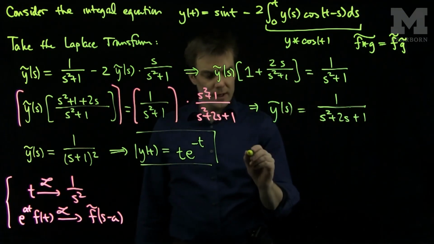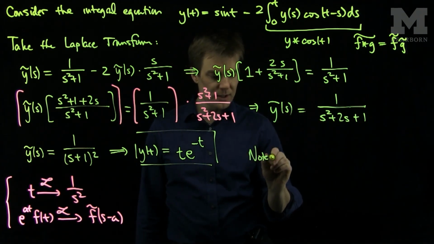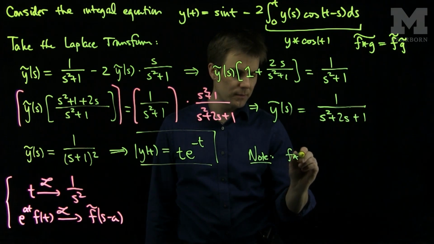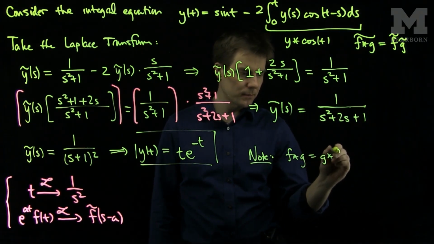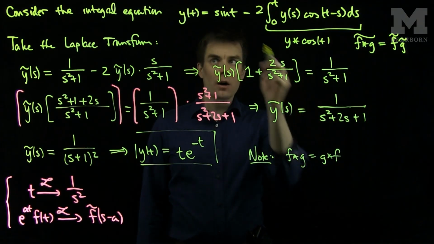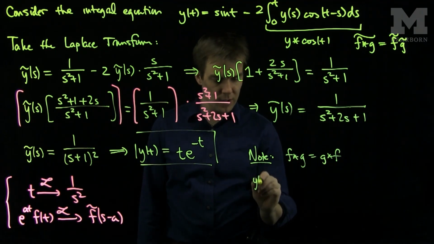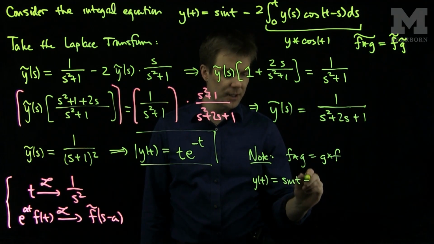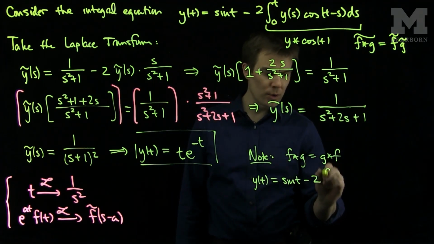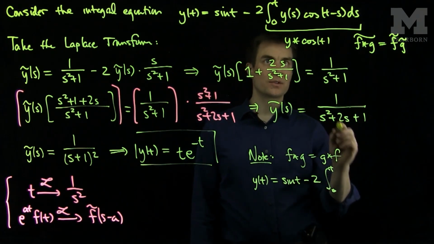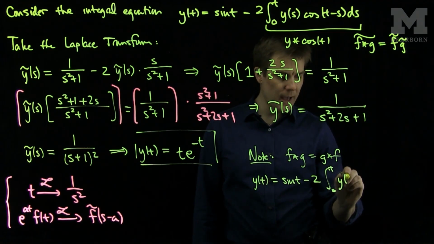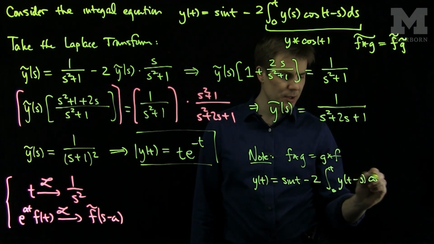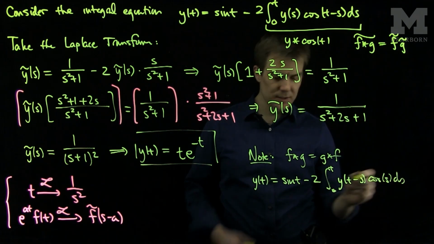One thing to note is that since convolution is commutative, our equation is equivalent to the equation y of t equals sine of t minus 2, the integral from 0 to t of y of t minus s cosine of s ds.